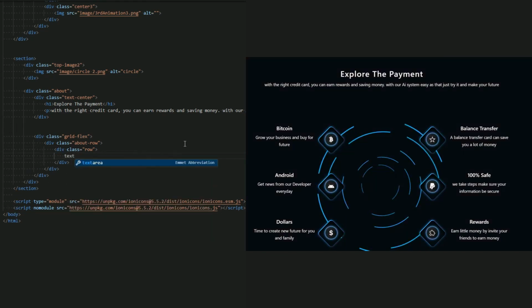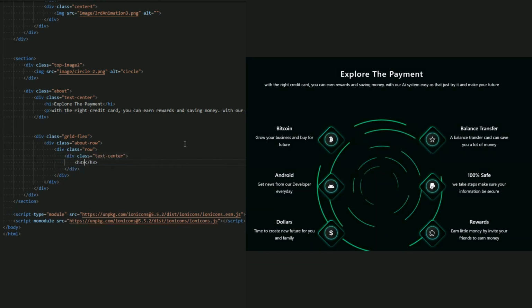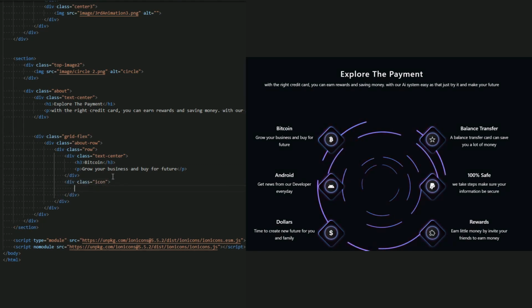And now let me create a text center for this text, an h3. Let me copy and paste it here, guys. I'm sorry for this. Okay, and this is our text center. Now let me add the icon. Okay, and let me copy and paste it.